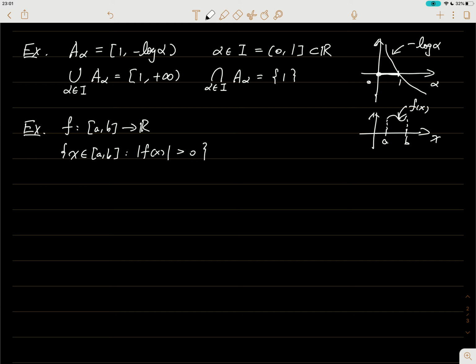It could be any number, as long as it's not 0. So I could say that it's the union of all such sets.